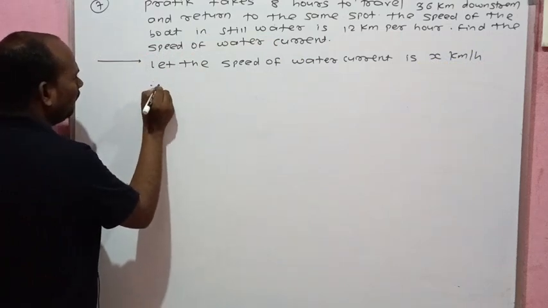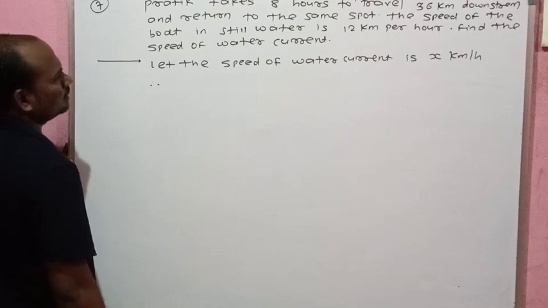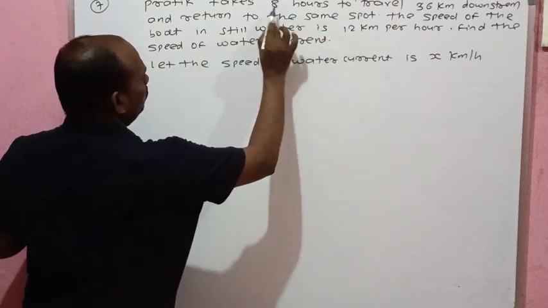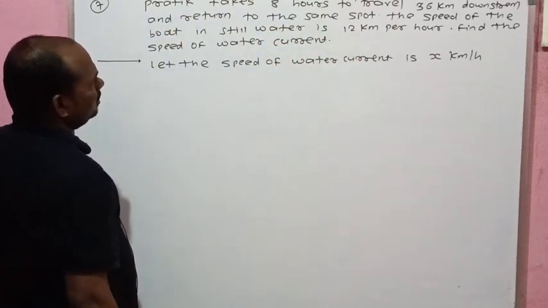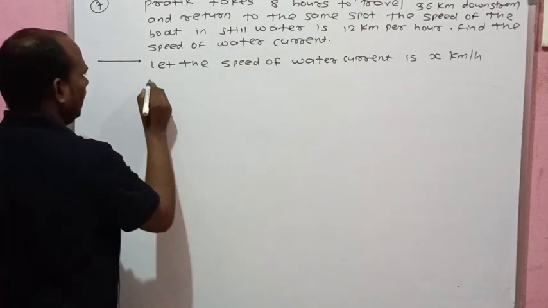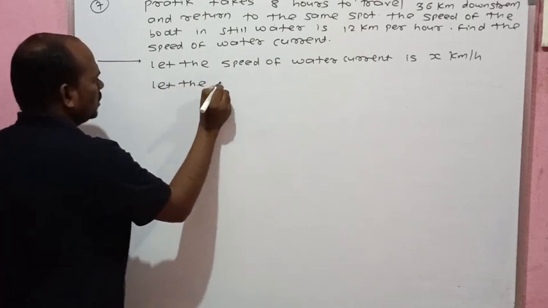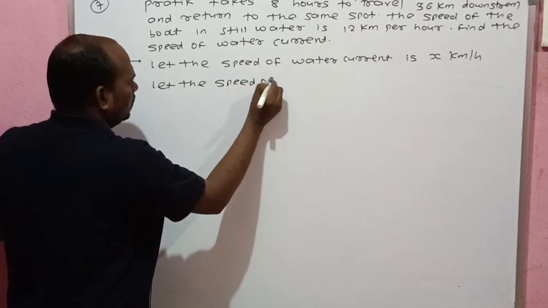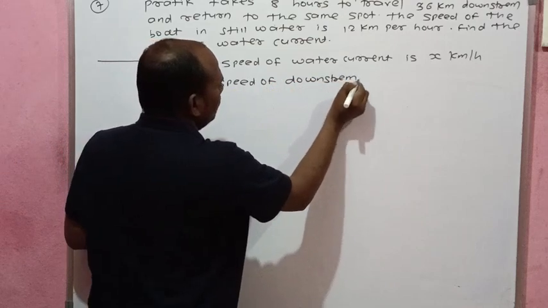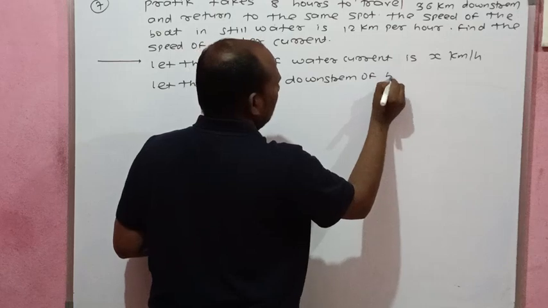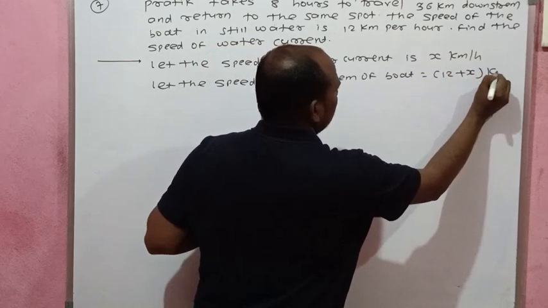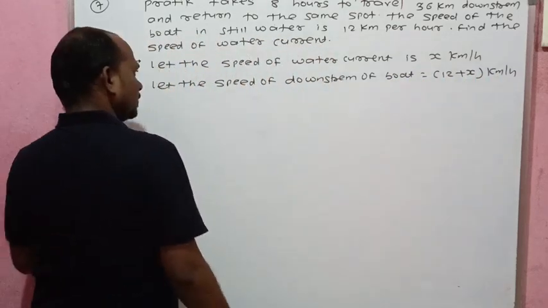Now therefore, Pratik takes 8 hours to travel 36 kilometers downstream and return to the same spot. Let the speed of downstream boat be equal to 12 plus x kilometer per hour.